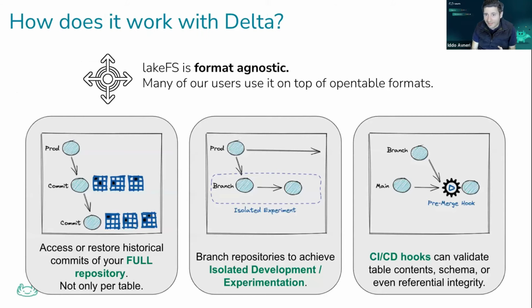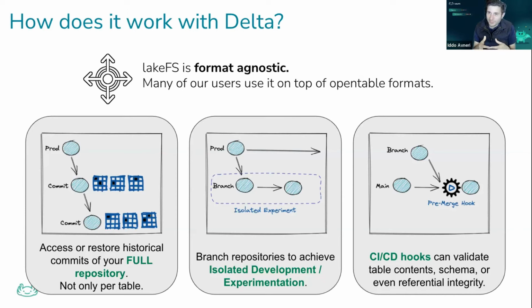And the last thing is just someone called out Delta. This answer is generic to many other open table formats, which is, as you can tell, a lakeFS commit is across a repository, excuse me, and not for a specific table. This doesn't only mean that you can achieve multi-table transactions, which is a great thing to be able to achieve and very important, right?